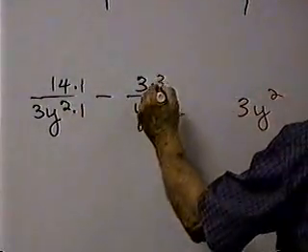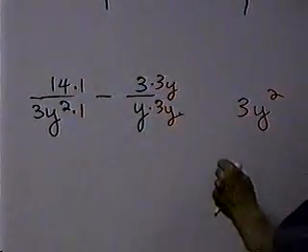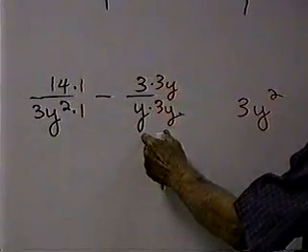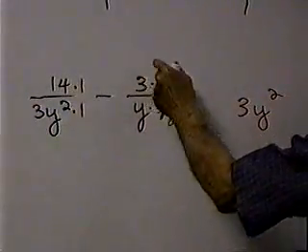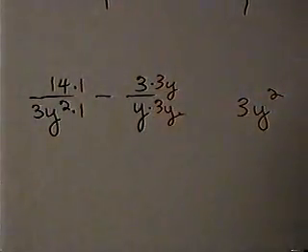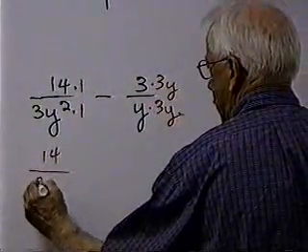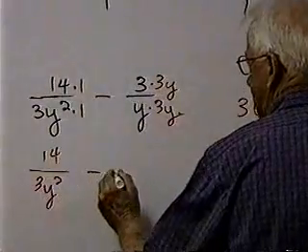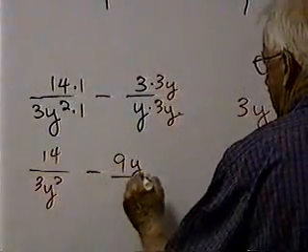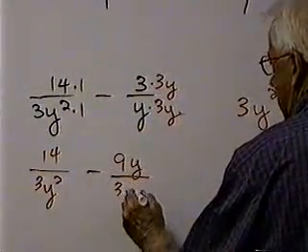So multiply it by 3y. Don't forget, whatever you do to the denominator, in terms of multiplication or division, you must do the same thing to the numerator of a fraction. All right, now what we have is 14 over 3y squared minus 9y over 3y squared.